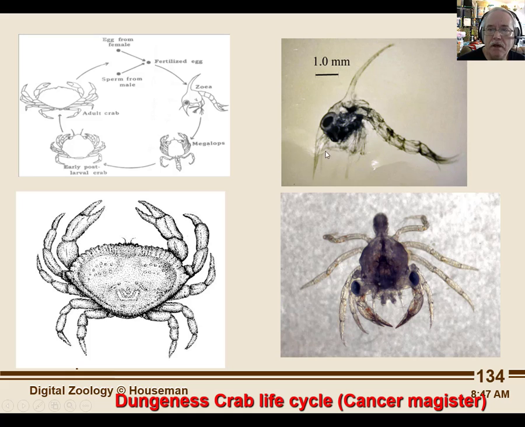And then that zoea will eventually molt and develop into a megalops form here. And this megalops form basically looks like an adult crab with this abdomen sticking out. And it is much heavier, tends to sink to the bottom, fold its abdomen underneath, and voila, we have the juvenile crab crawling around, developing into an adult.